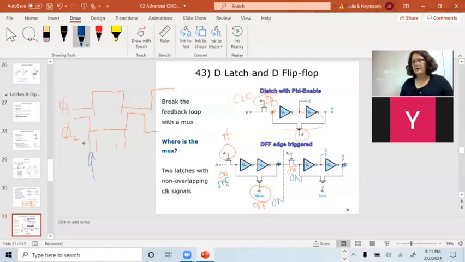So it's a 2-stage process. One is getting the signal from D and storing it on that middle node. The next part of the process is going from the middle node to the output. So there's a slight delay in there, which makes all things possible.